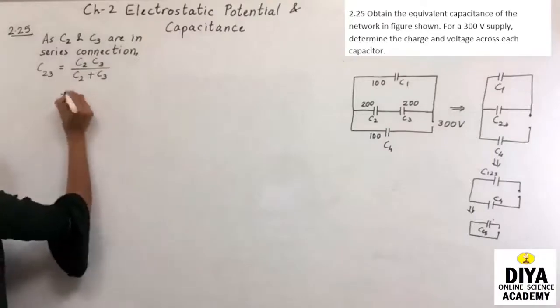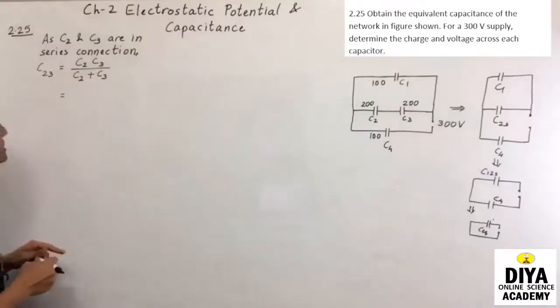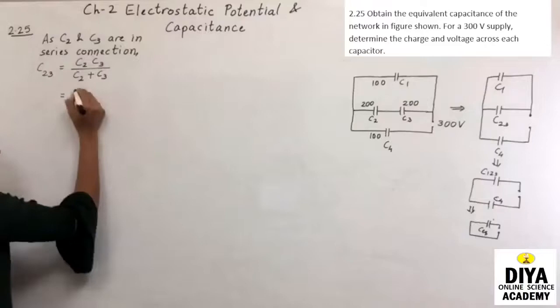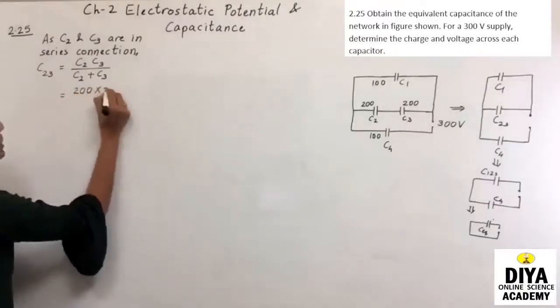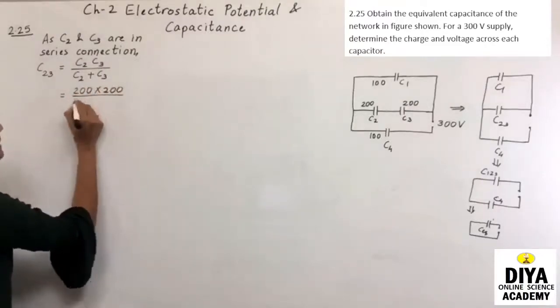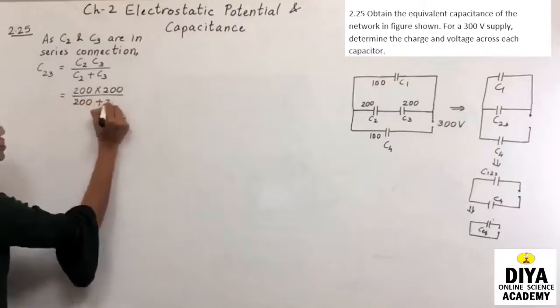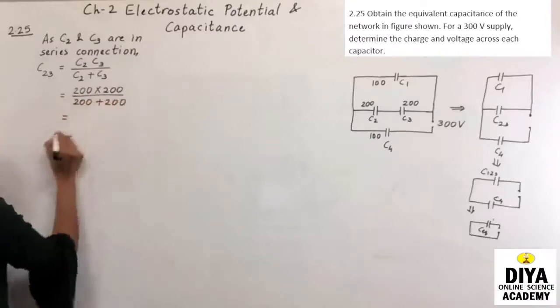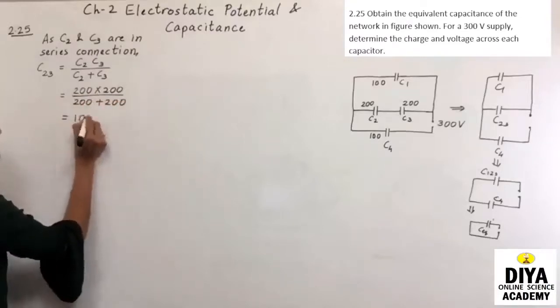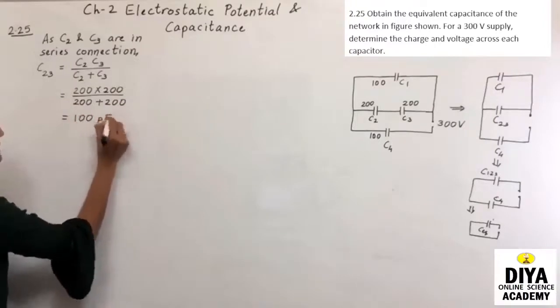So this is the final answer for C equivalent. Now C23 is 200 into 200 by 200 plus 200. So you will get the answer as 100 picofarad.